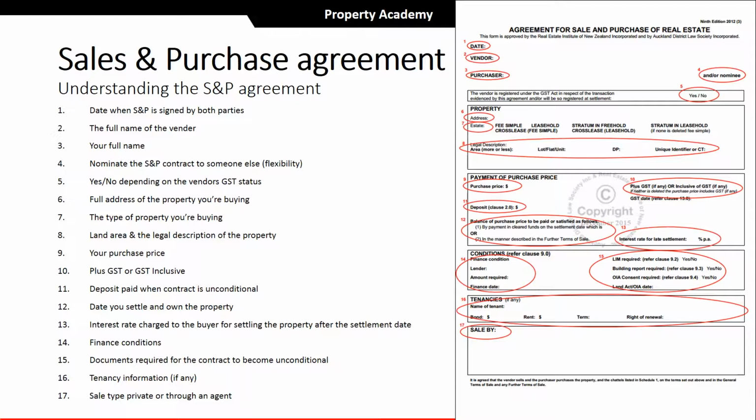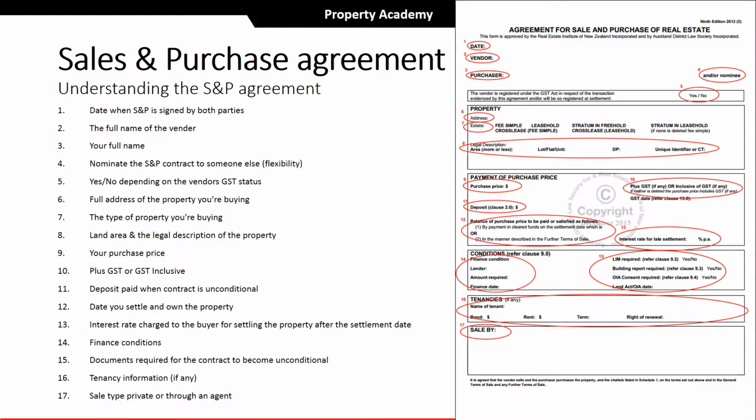For example, if you're wanting to buy a property at $500,000 and you're buying from a homeowner who is not GST registered, all you do is write down $500,000 in the purchase price and circle inclusive of GST, if any. However, if you want to buy a property that the vendor is GST registered, you would actually reduce the $500,000 initial purchase price that you're willing and prepared to pay by 15%.